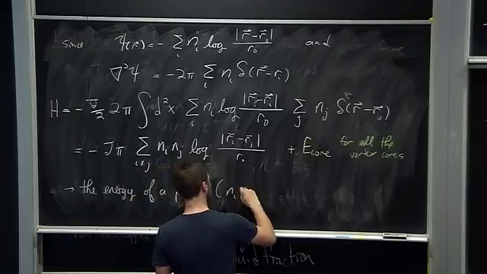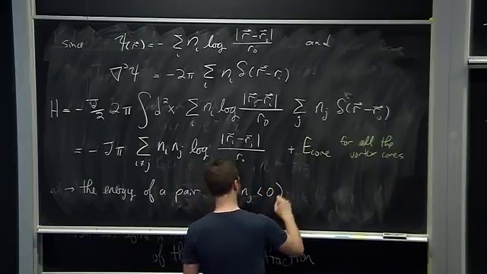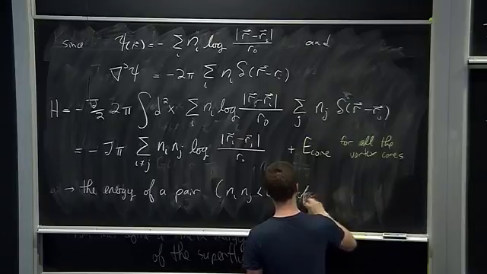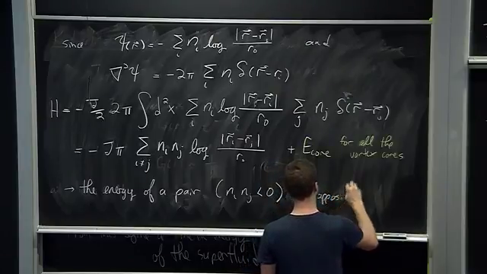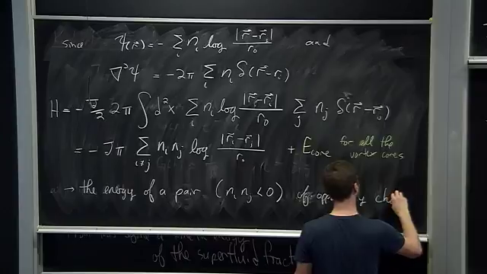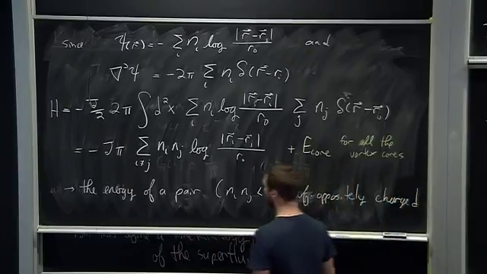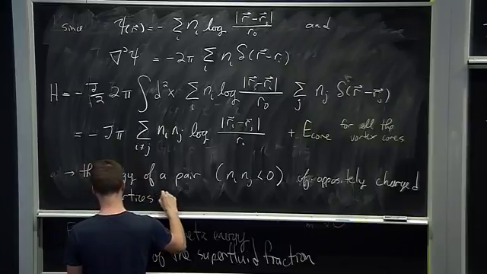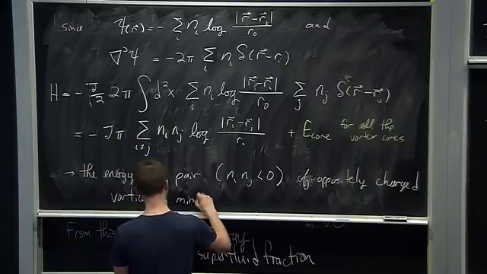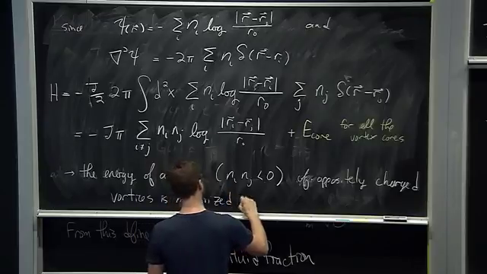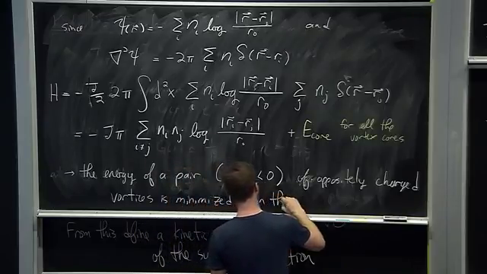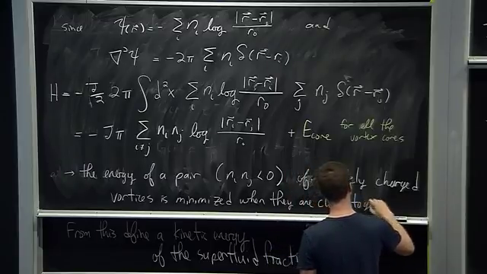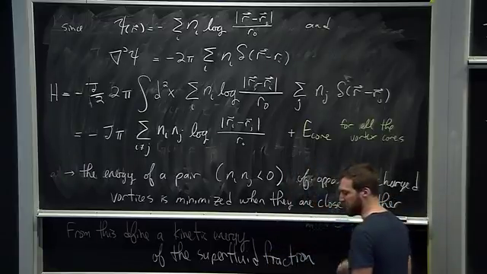And I say n_i times n_j is less than 0, whatever that pair is. So it's like a binding potential.